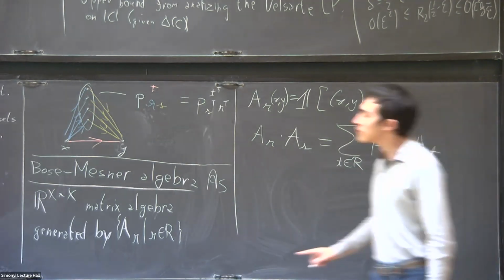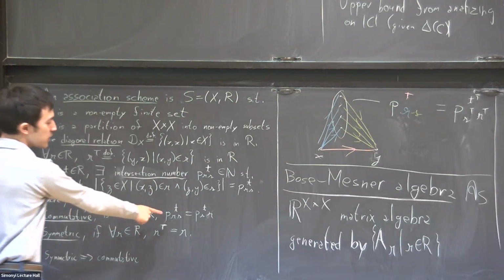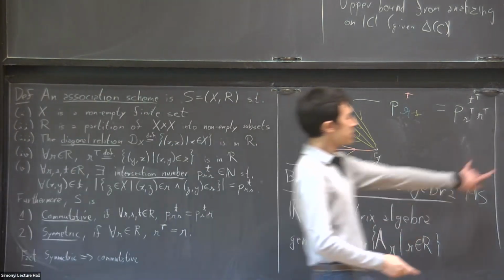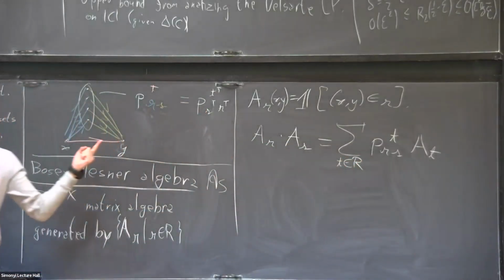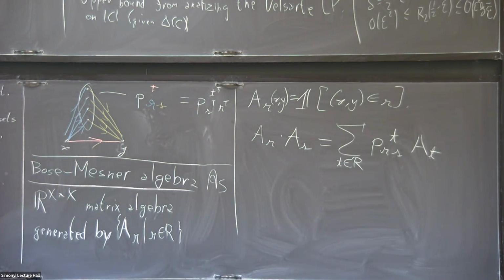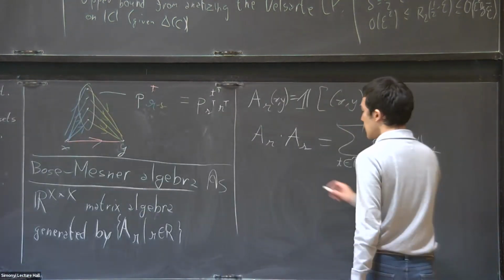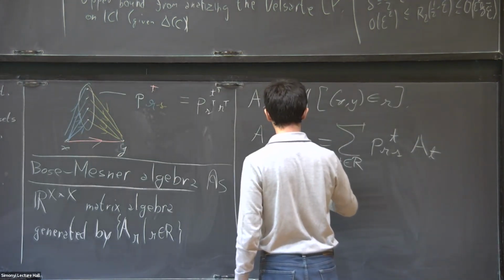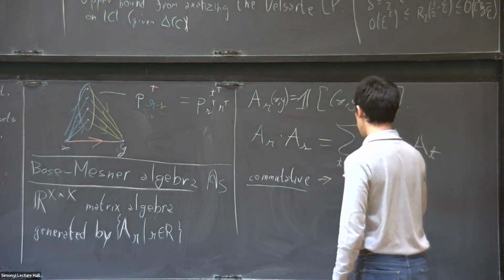Not only that, now you can see what commutative actually means, right? Because if P_RS^T is equal to P_SR^T, it means that if you swap these two guys, you get the same combination. So the algebra is actually commutative. That's what it means, right? And that is the main property that we're going to be using. So you get a commutative algebra, right?